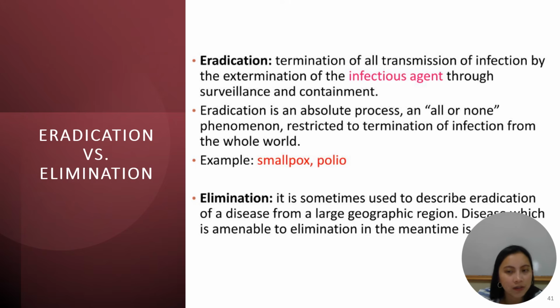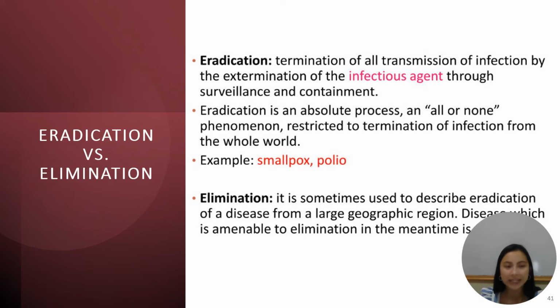What do you think is the difference between eradication and elimination? When we say eradication, class, it is defined as a permanent reduction to zero of the worldwide incidence of infection caused by a specific agent as a result of deliberate efforts. Once this is achieved, continued measures are no longer needed.